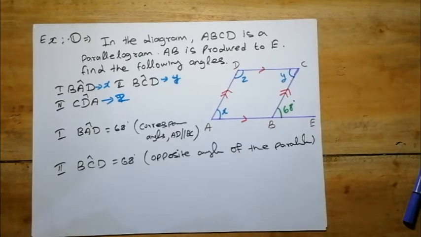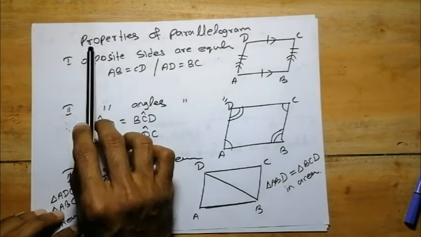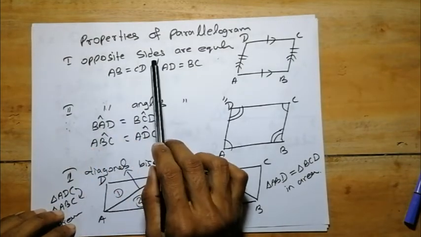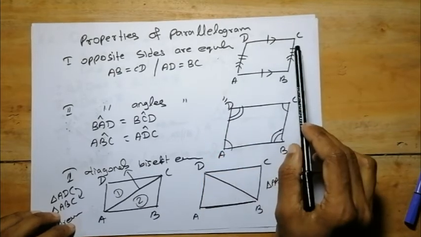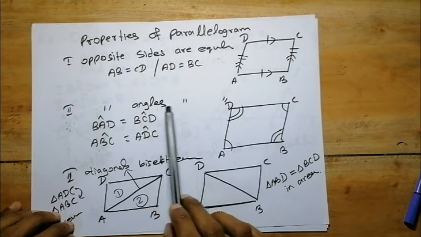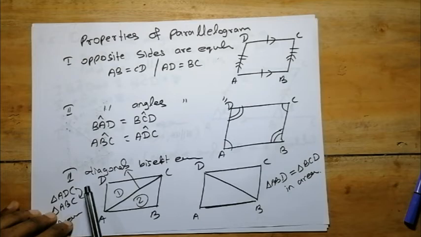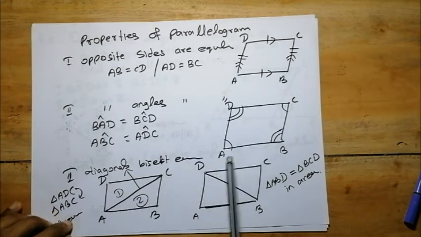All four that we studied earlier are theorems. We can take all four as individual theorems. The first theorem: opposite sides of a parallelogram are equal. The second theorem: opposite angles of a parallelogram are equal. The third theorem: diagonals bisect the area of the parallelogram.